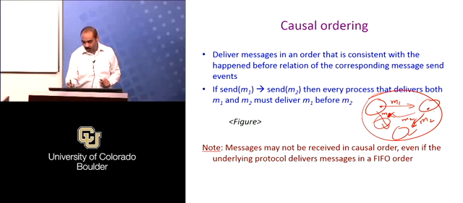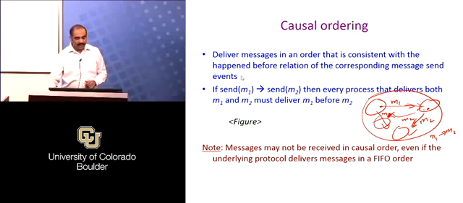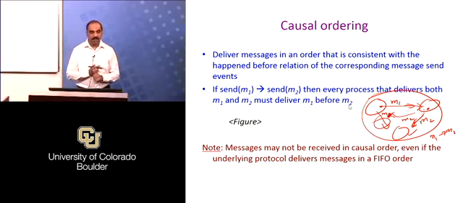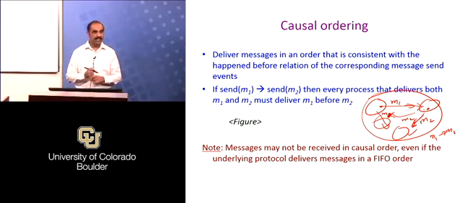But assuming that M2 was sent after M1 was received here, then we can say that M1 happened before M2. So if send M1 happened before send M2, then every process that delivers both of these messages M1 and M2 must deliver M1 before M2. That's basically the definition of causal order. Is this clear?